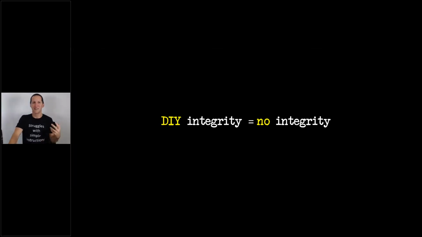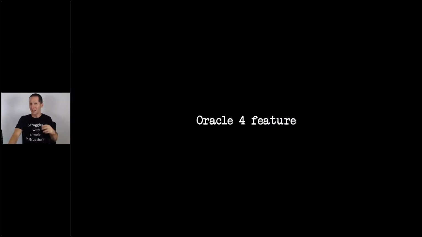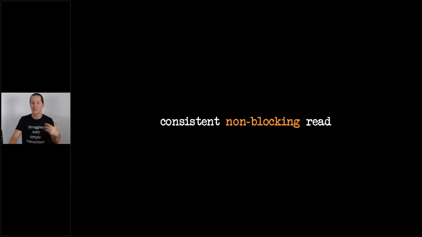And here's the thing. Do-it-yourself integrity typically is synonymous with absolutely no integrity at all. An Oracle feature that has been there since Oracle 4, which is 25 years ago, is consistent non-blocking read. Or you may have heard the term readers don't block writers and writers don't block readers.